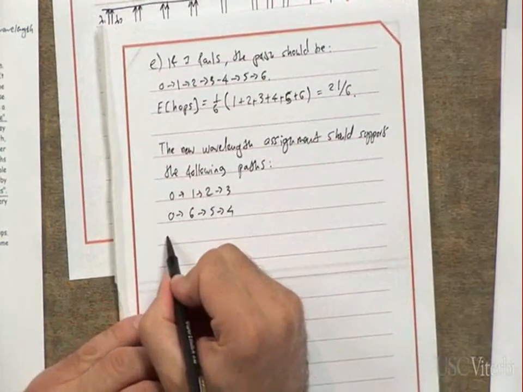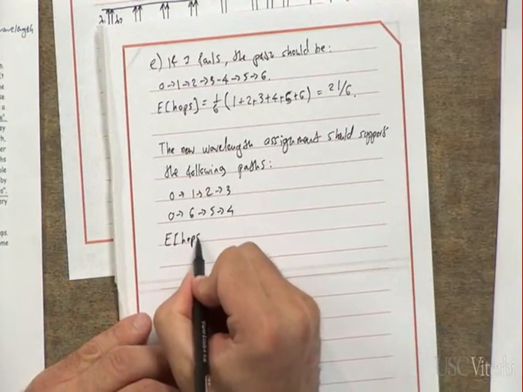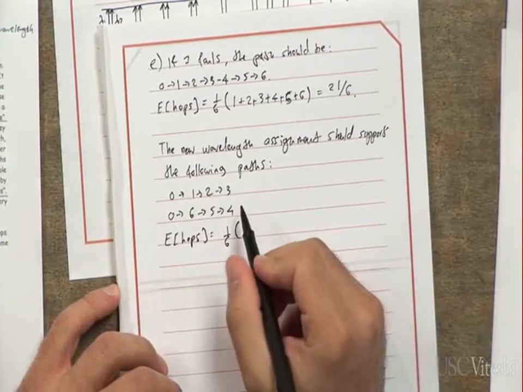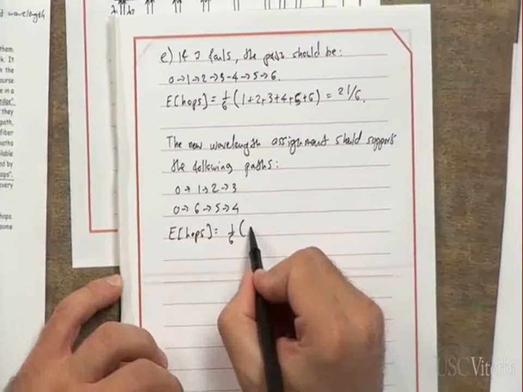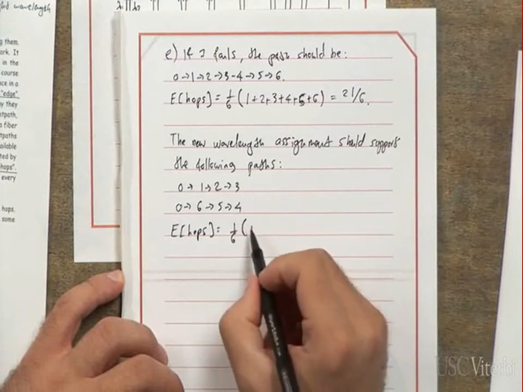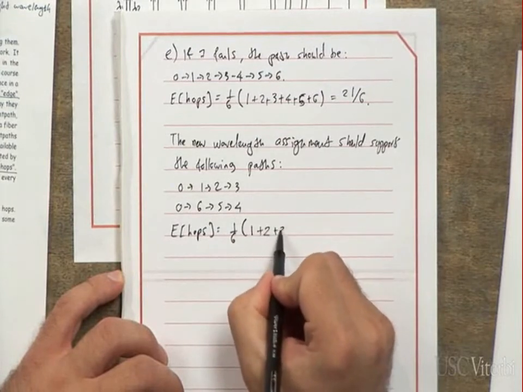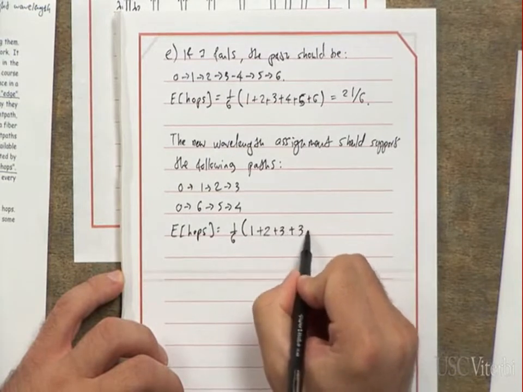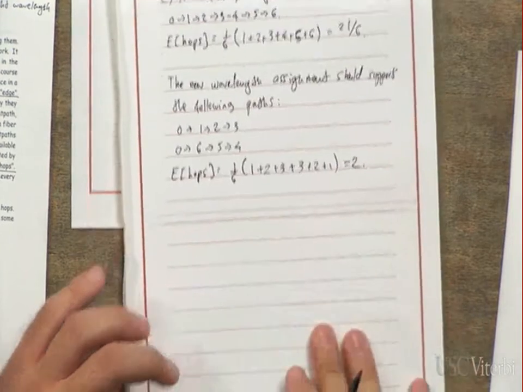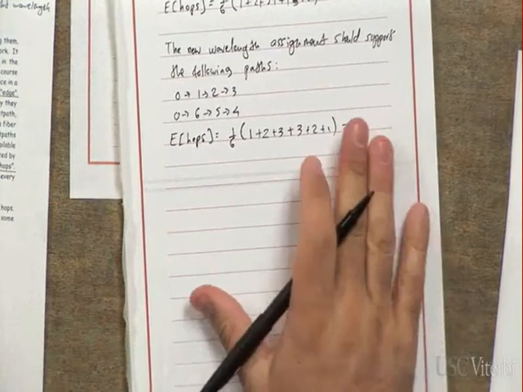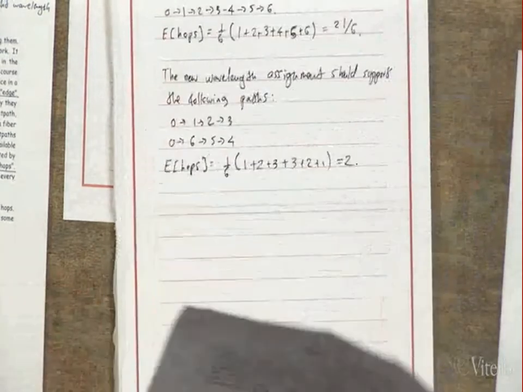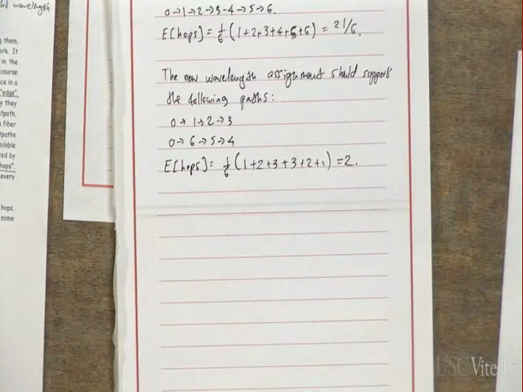And in this particular case, expected number of hops is equal to what? 1 over 6 times 1 plus 2 plus 3 plus 3 plus 2 plus 1 or whatever, and this gives 2. Perfect. Okay, so that's all we need to do. Now let's go to the next problem. It's much shorter. Do you have questions on that, guys? Okay.